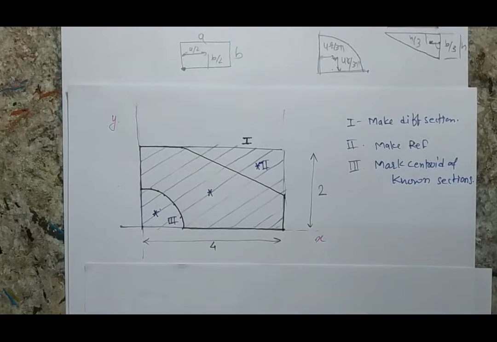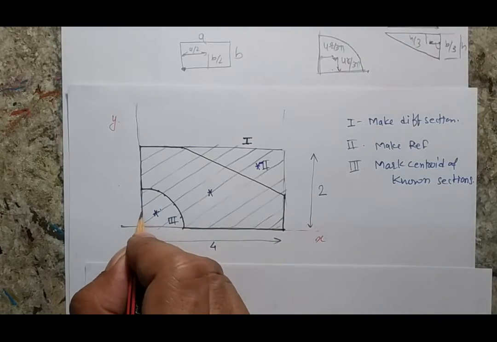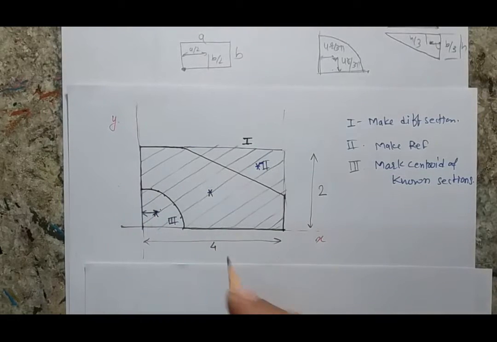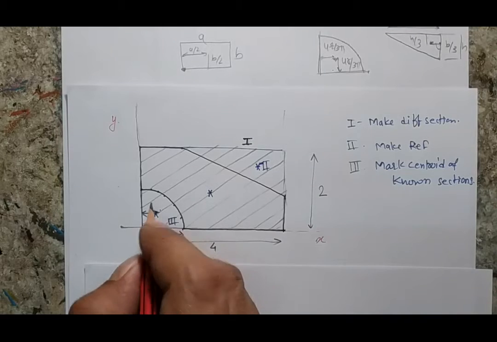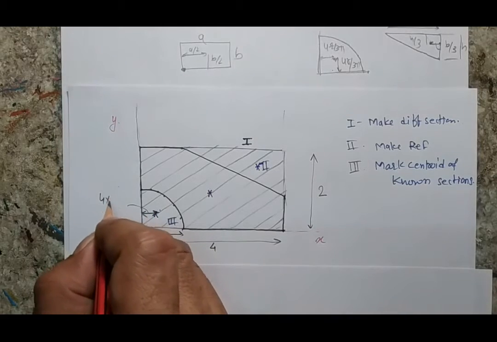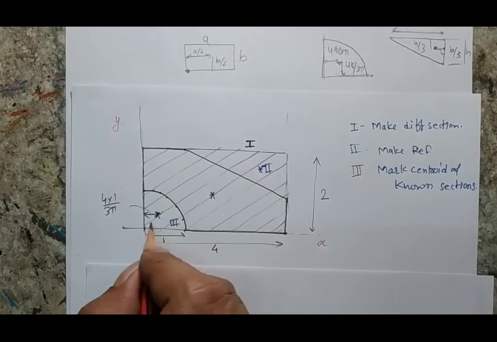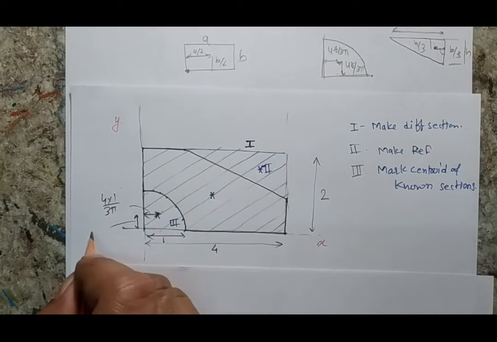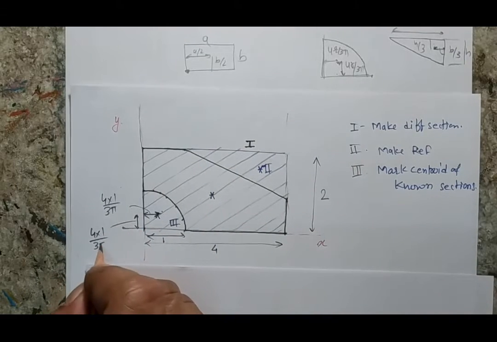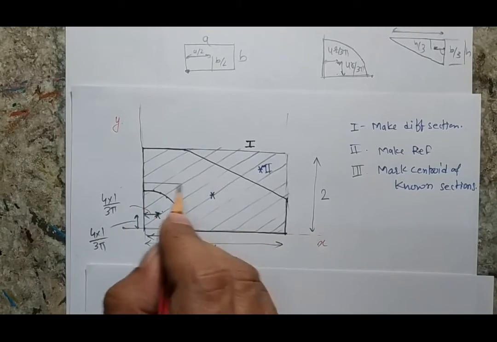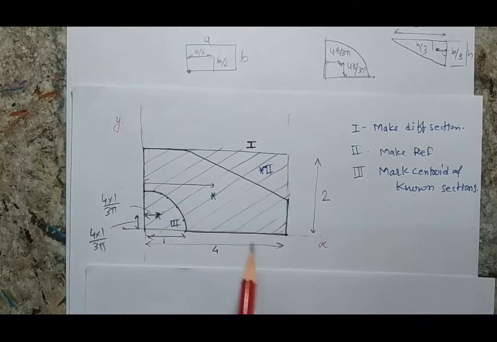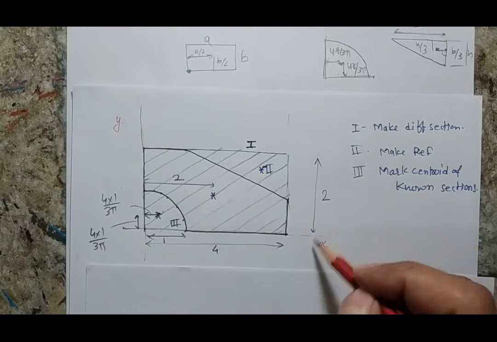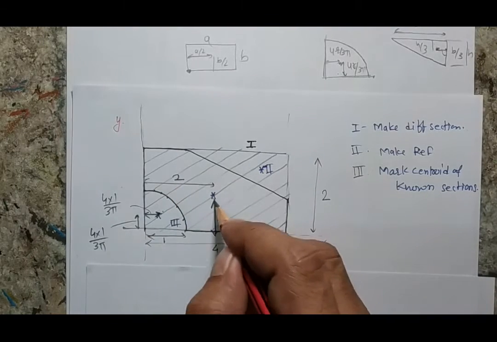Once you mark the centroids, you also mention the distances here, and I know that the total distance is 1 meter. So this distance will be defined by 4 into 1 by 3 pi. Similarly, the vertical distance will also be 4 into 1 by 3 pi. The total distance here is 4, so this will be 2. The total height is 2 here, so this will be 1.